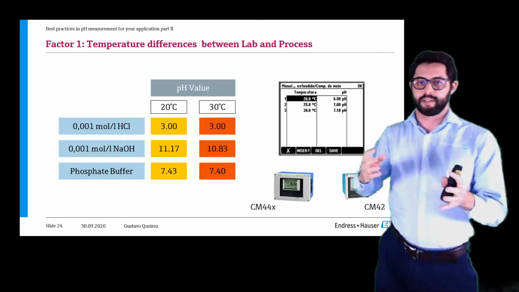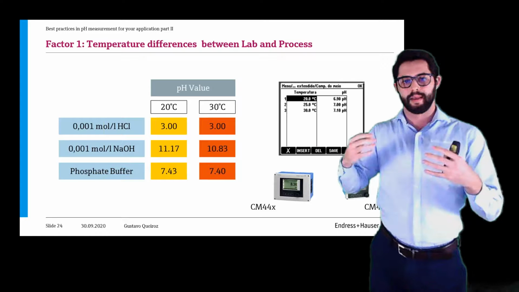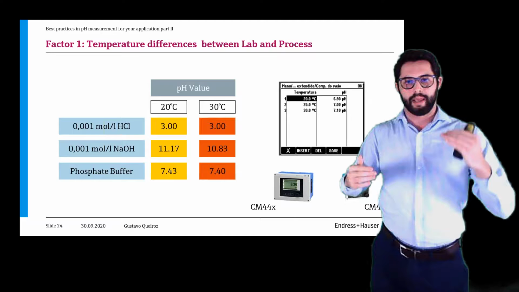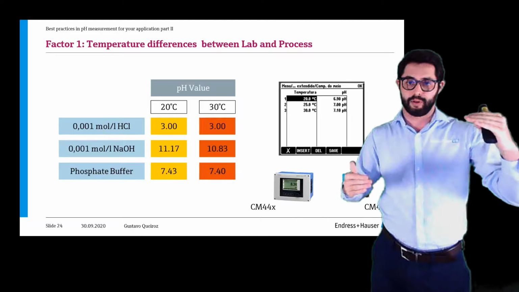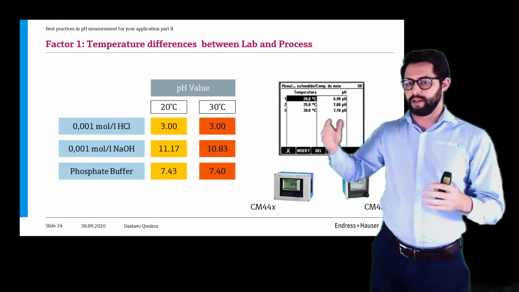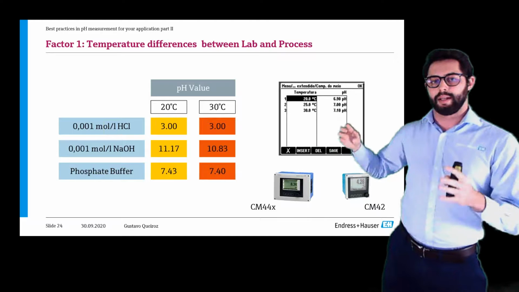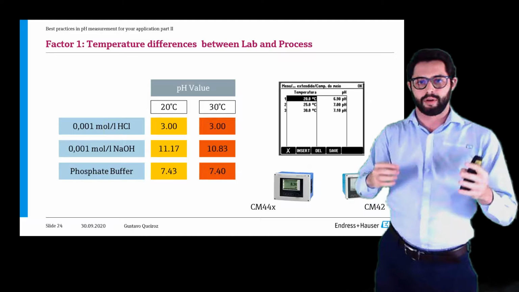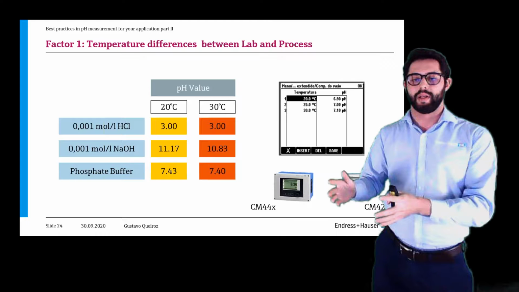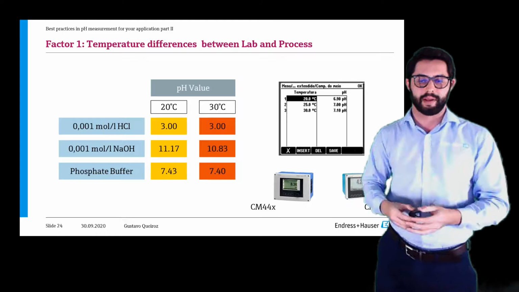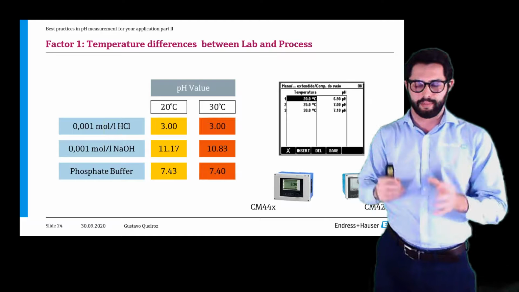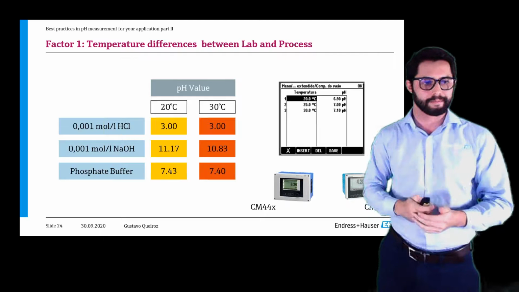They all have the possibility to receive a temperature table relating the temperature influence on the pH. So you can insert this information on a transmitter, and the transmitter will give you the information corrected or converted to 25 degrees, which is the same temperature reference used in the lab. So this is factor number 1.